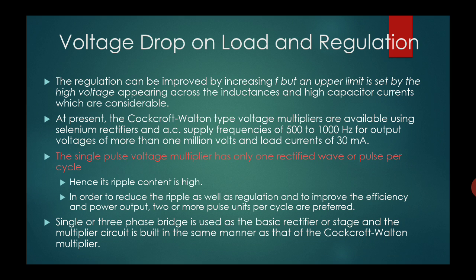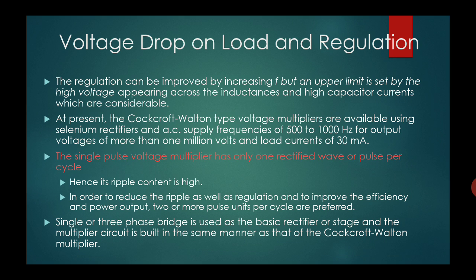Again, a high capacitor current will also be present if we increase the frequency. So at present, Cockcroft-Walton type voltage multipliers are available using selenium rectifiers and AC supply frequencies of 500 to 1000 Hz, with output voltage of more than 1 million volt and load current of 30 milliamperes.